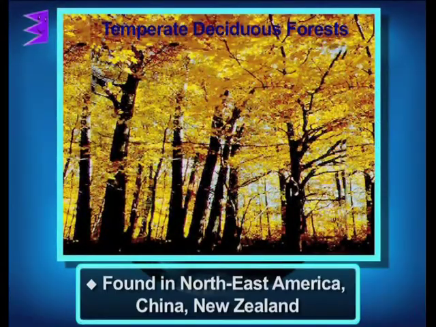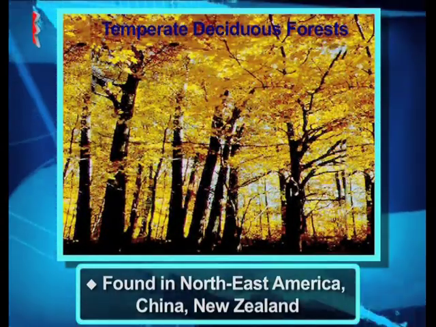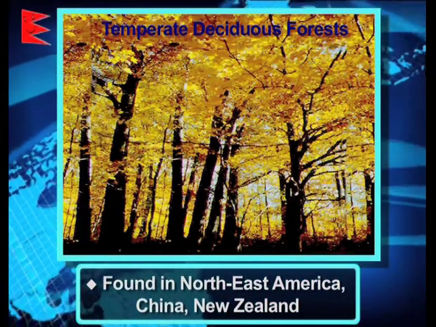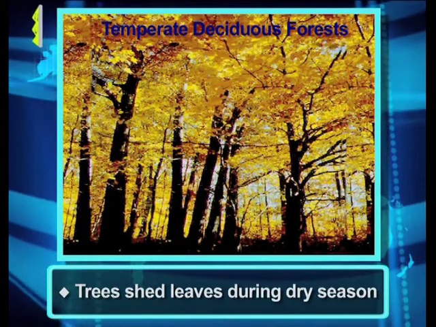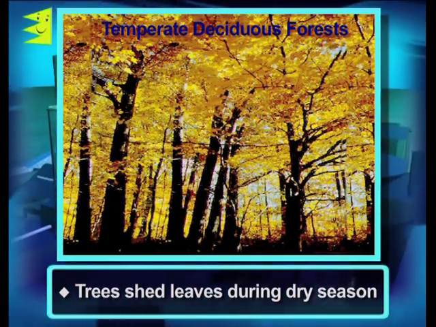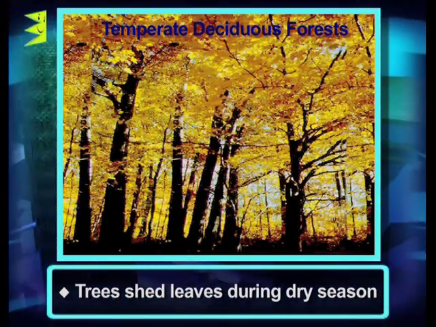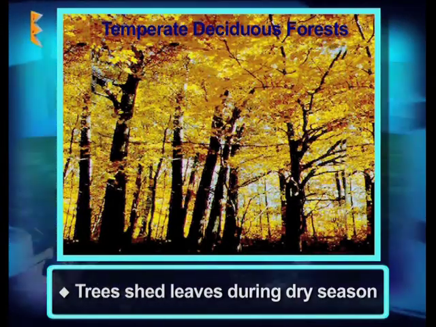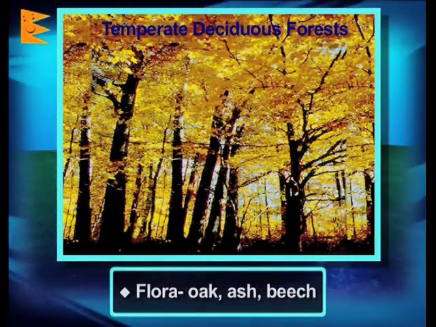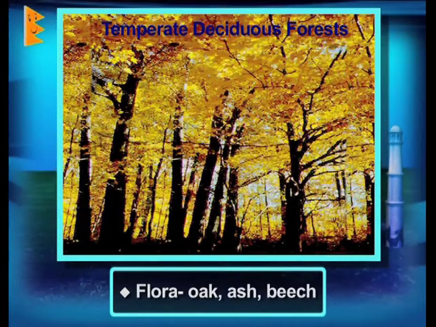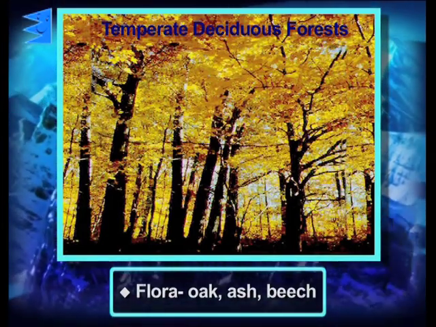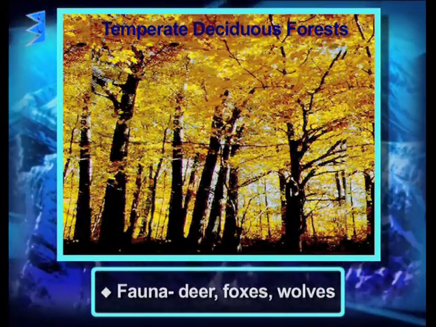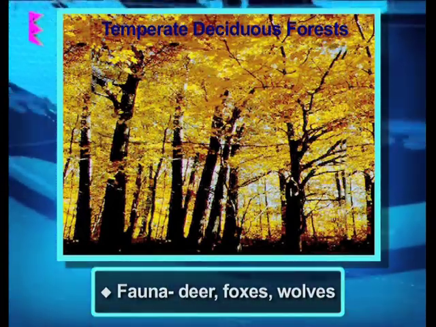This forest is found in Northeast America, China and New Zealand. The feature of this kind of forest is that the trees shed their leaves during the dry season. As far as their flora and fauna is concerned, the trees found are oak, ash and beech, and the animals found are deer, foxes and wolves.